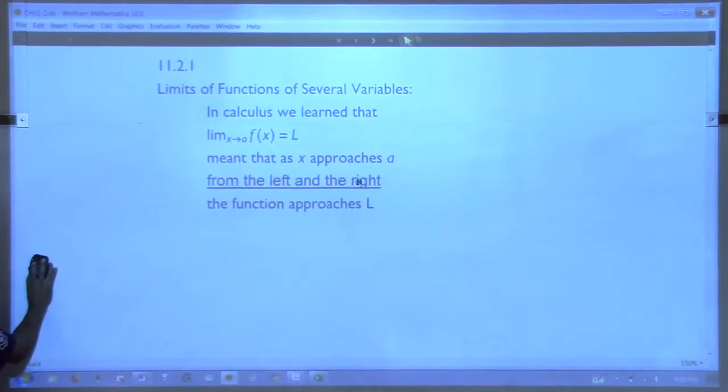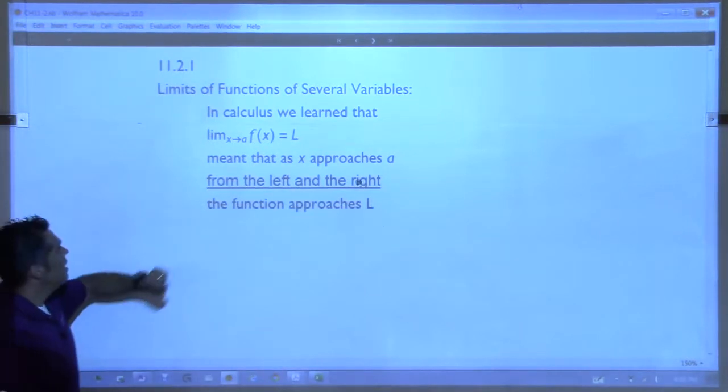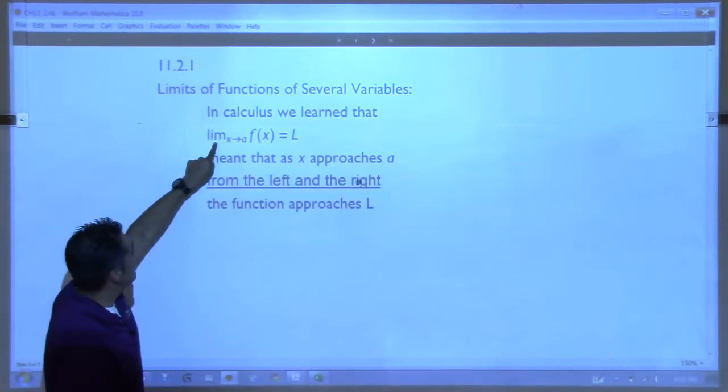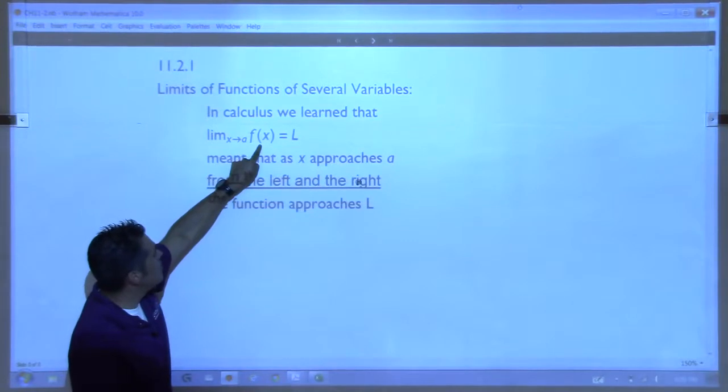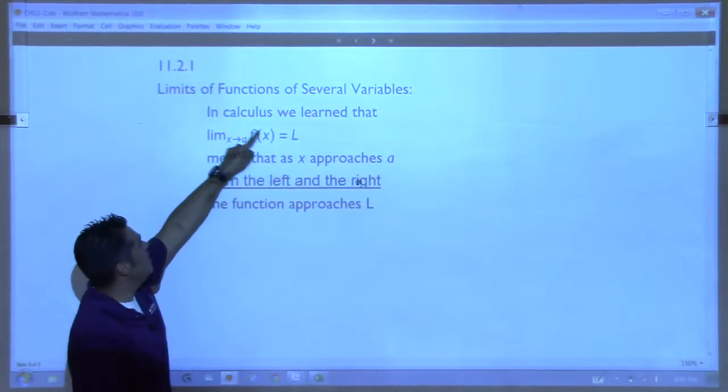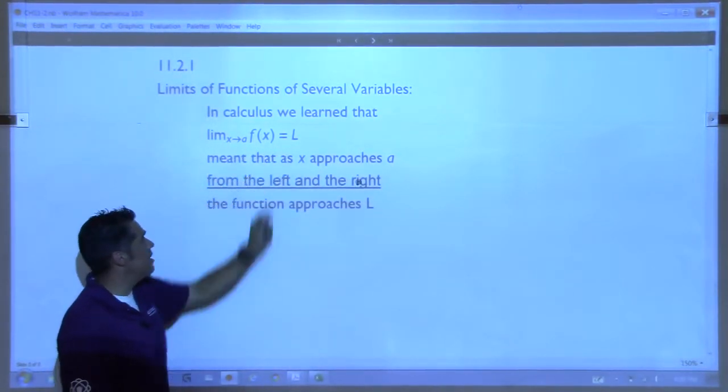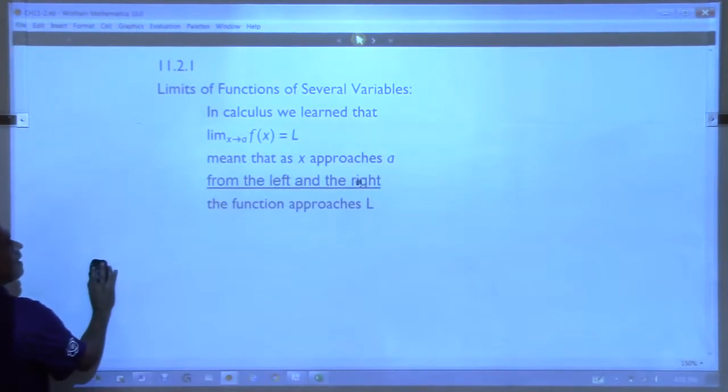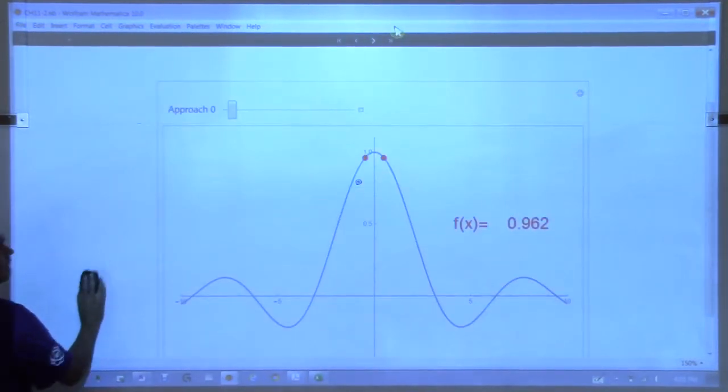Okay, back in Cal 1, when we were given a function of a single variable, and we were asked to evaluate the limit as x approaches a of the function, and we said that that limit actually existed and gave us some answer L, then what we meant by that was that this is a specific example.